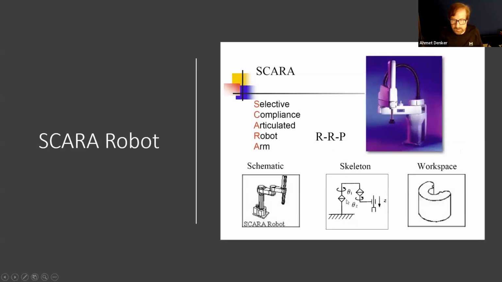Here, revolute joint. This time it is shown like this: revolute joint, prismatic joint. RRP. This is the SCARA type robot.